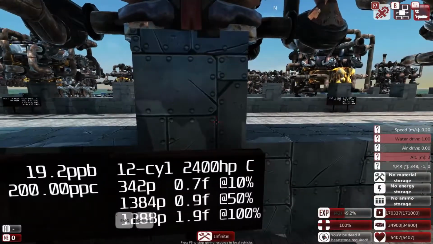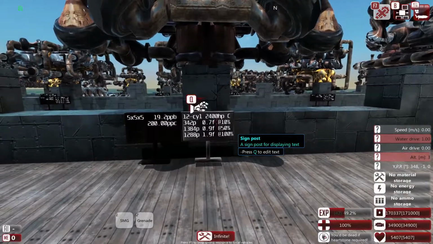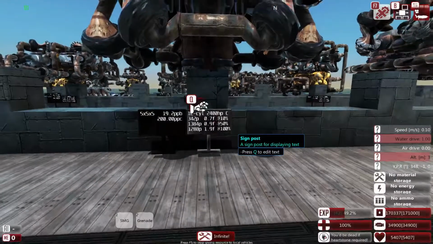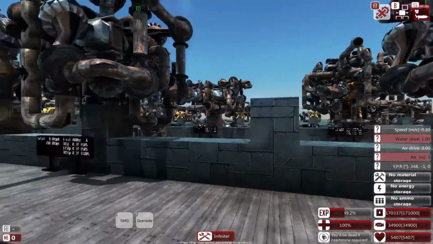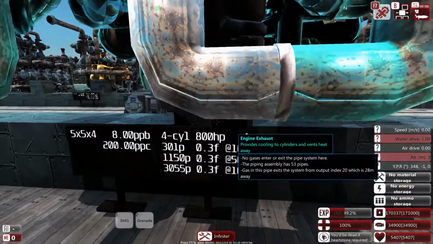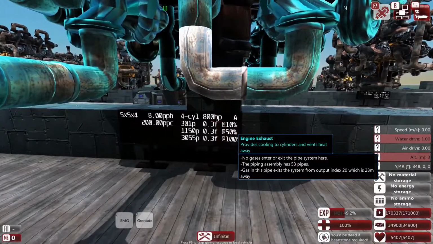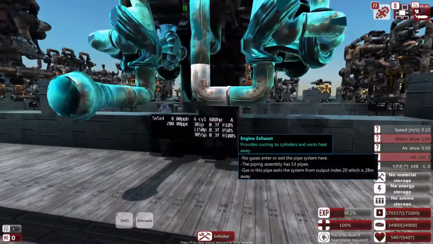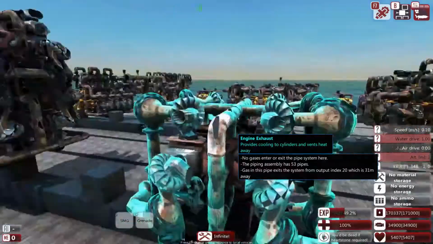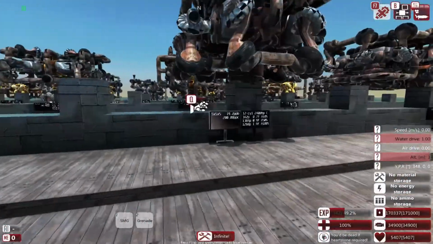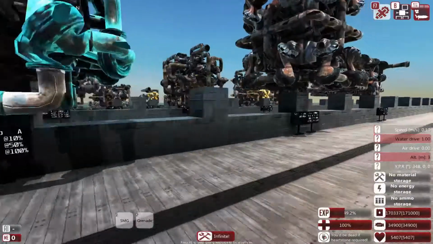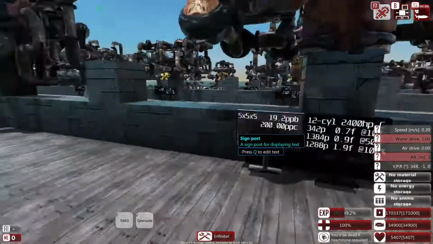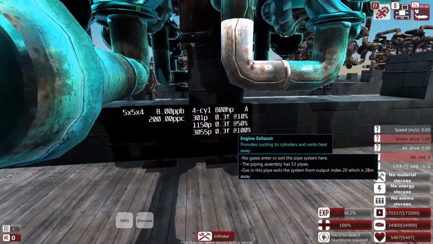But let's say I had a 5x5x5 area and I didn't need anywhere near that, say I only need 600 horsepower. Well, it might be worth moving up to this A-class motor because I'm using more space to make less power, a third of the power. Actually, I'm only using 25 extra blocks of space, and I'm only making a third of the power, but I'm going from 1.9 fuel at 100% all the way down to 0.3 fuel.